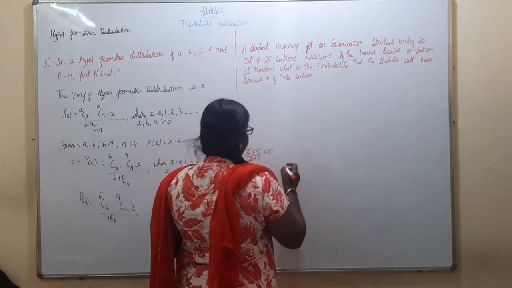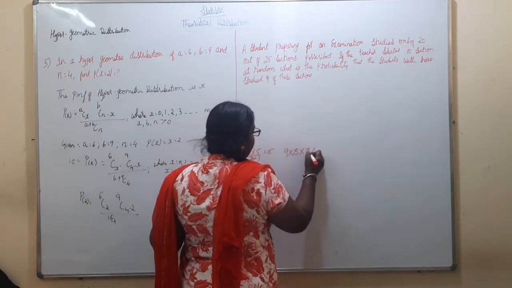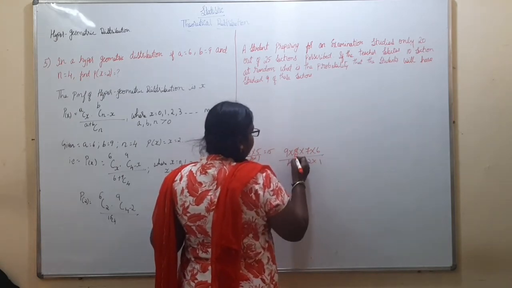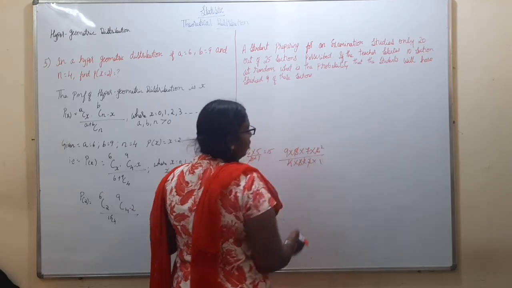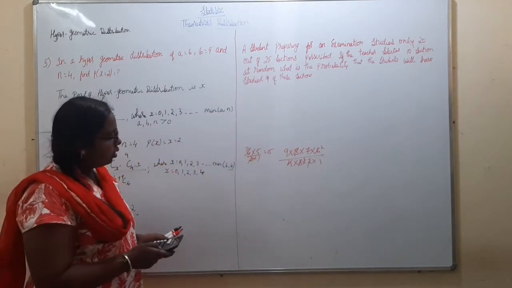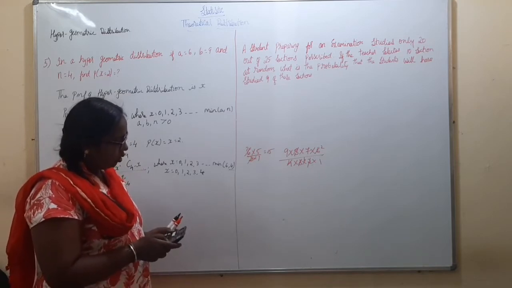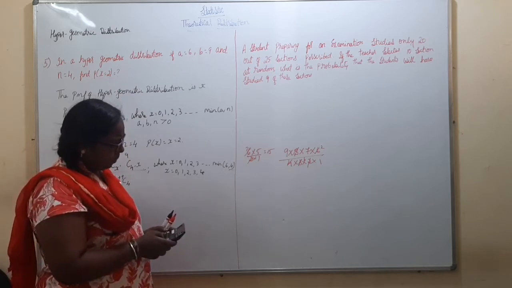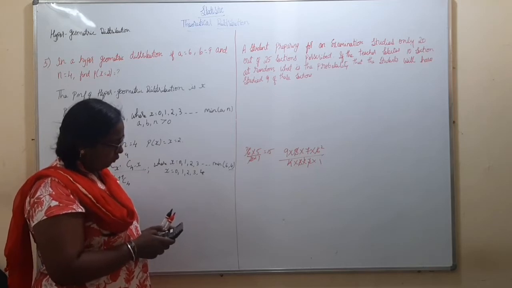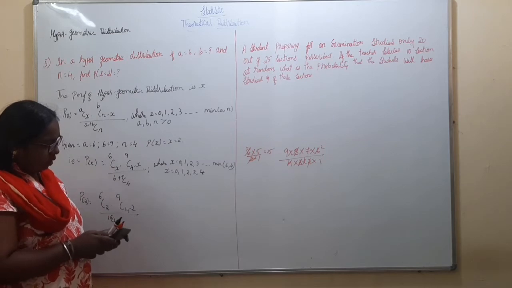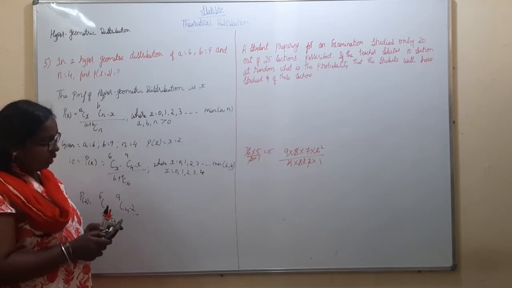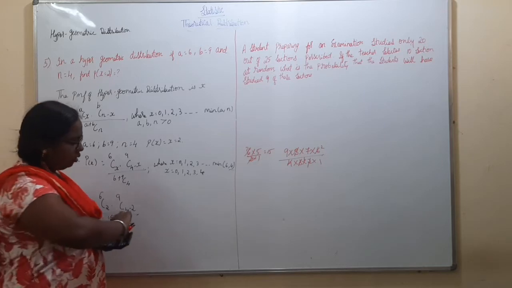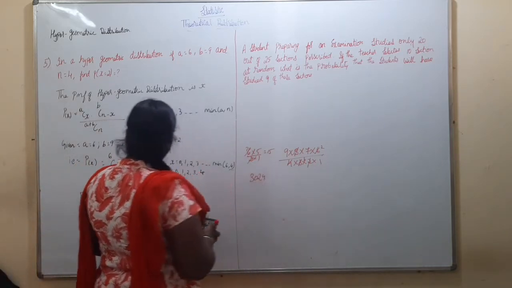Next, 9C4 is 9 into 8 into 7 into 6 divided by 4 into 3 into 2 into 1.